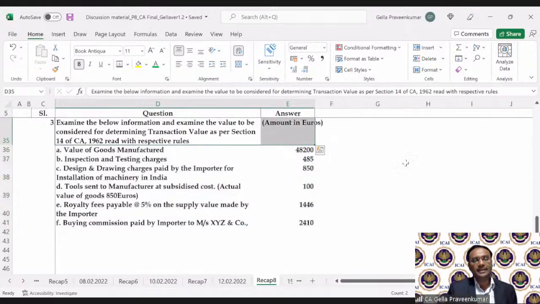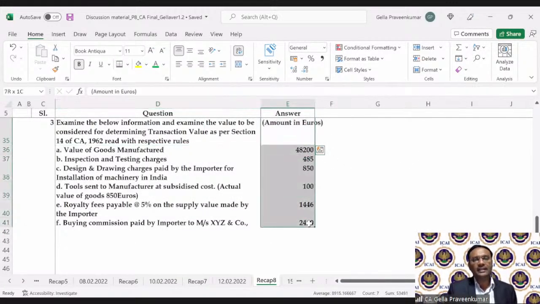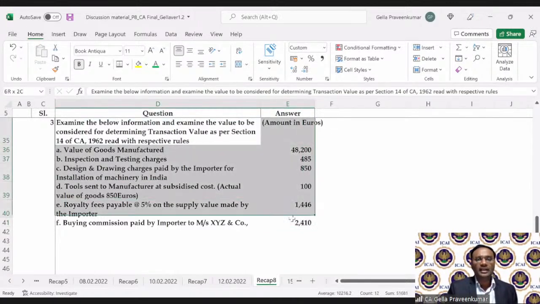So they have given some information, students, and the values are given in foreign currency, that is euro. So based on these expenses incurred, they have asked us to confirm as per section 14 and your valuation rules, what is the value to be considered for deriving what is called transaction value.